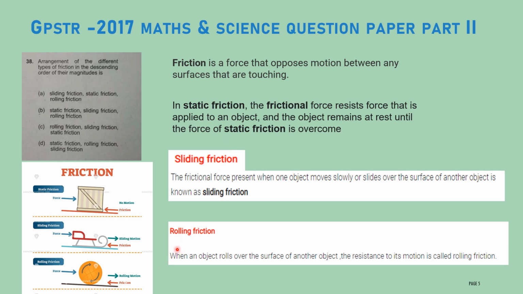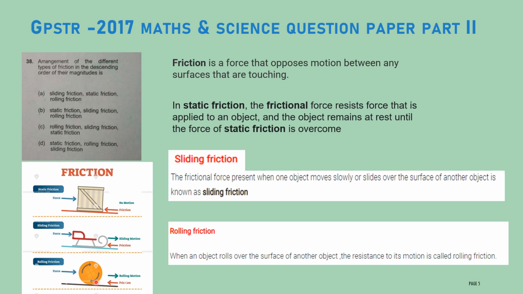Then the third one is rolling friction. When an object rolls over the surface of another object, the resistance to its motion is called rolling friction. The shape of the object is in the form of a ball, so it will be rolling. To make the object move will be very easy compared to the other two cases. If you push the object, it will overcome the rolling friction, and then the object will start moving.